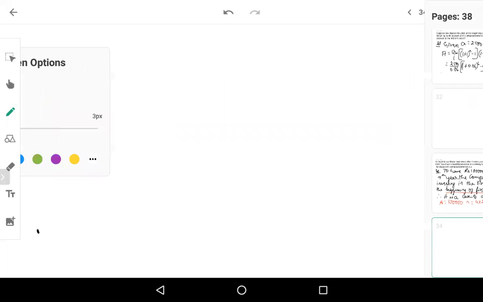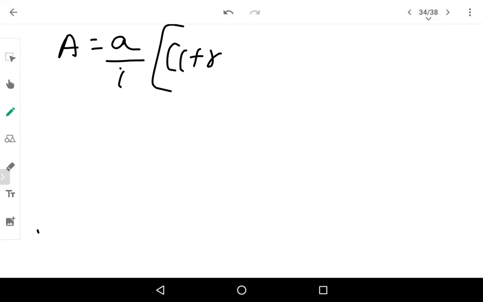Since this is a sinking fund invested semi-annually, from the beginning of the first period they are going to invest. So here the formula will be A is equal to small a divided by i into 1 plus i to the power n minus 1, into 1 plus i.